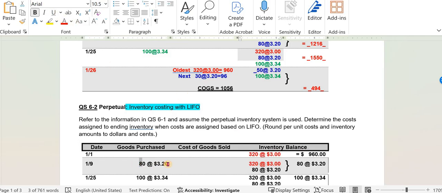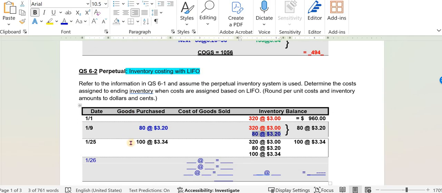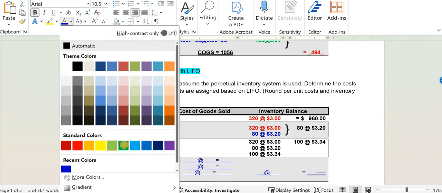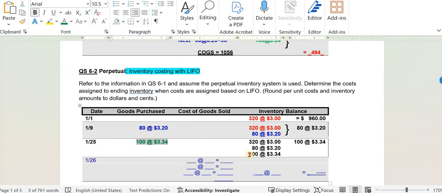Then I bought my next oldest, which was my blue layer. And then, just like above, on January 25th, I buy another 100 units, which is my green layer. So I've got my green layer, my blue layer, and my old red layer.